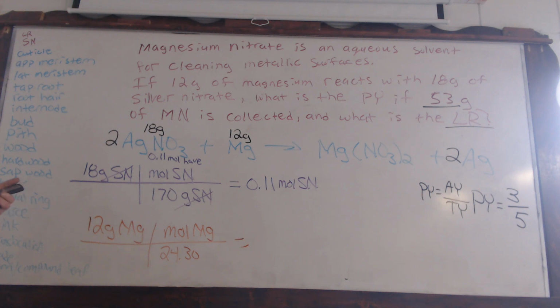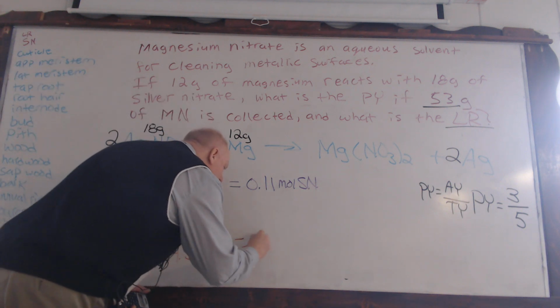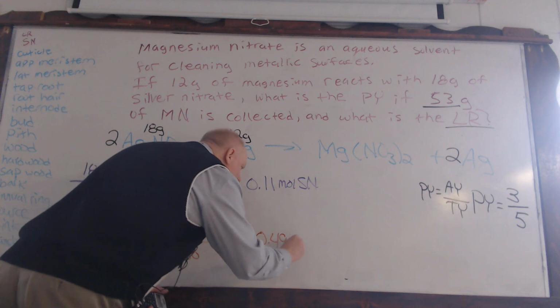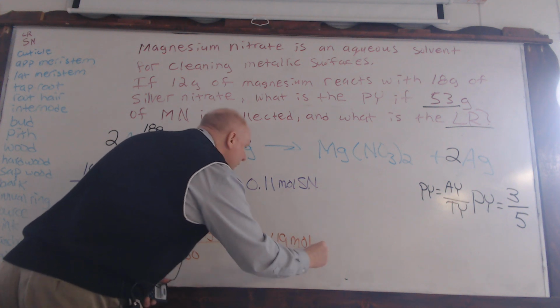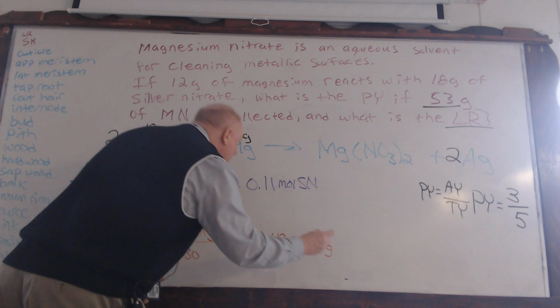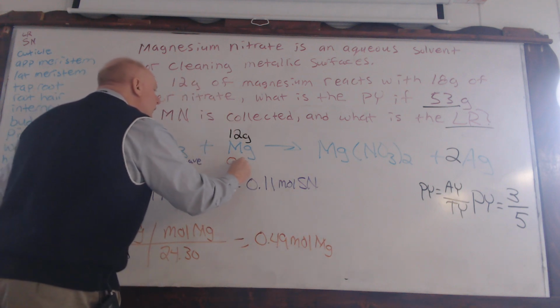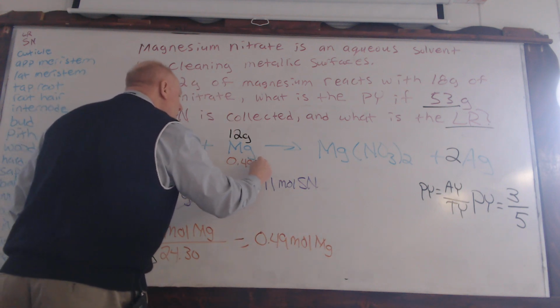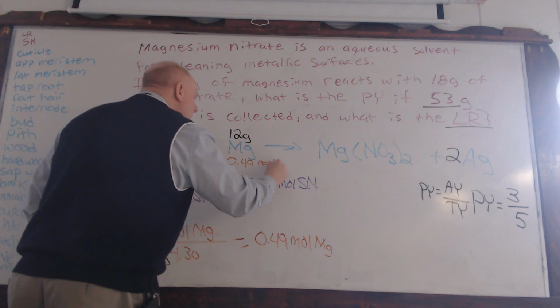It's okay. 0.49. 0.49 moles of magnesium. Okay? So we're at 0.49 mole, and that's what we actually have.